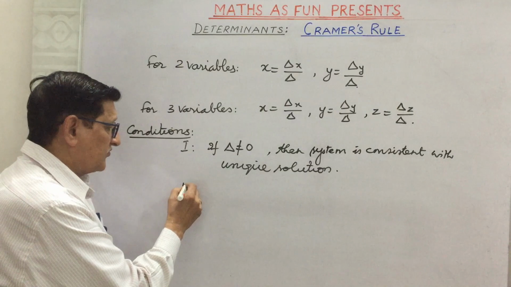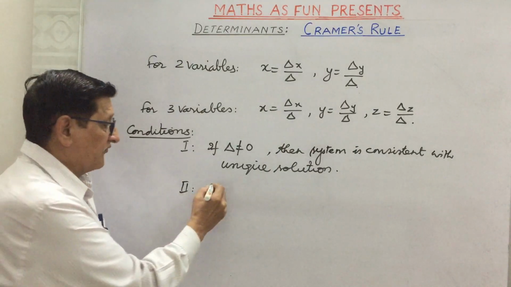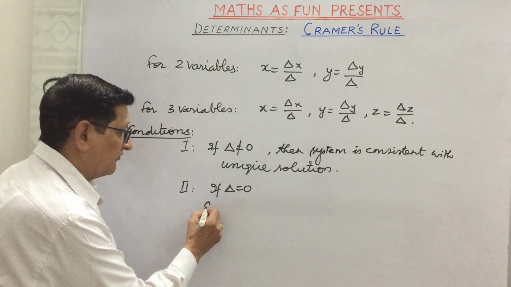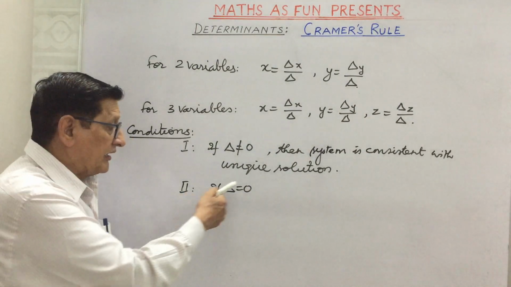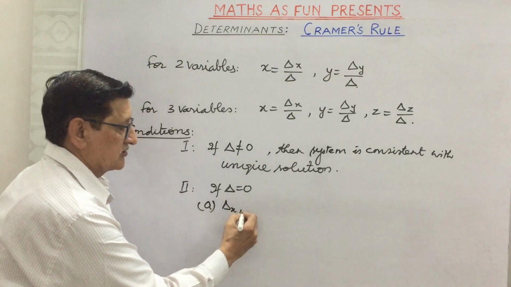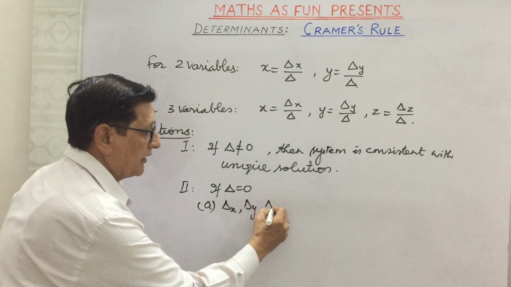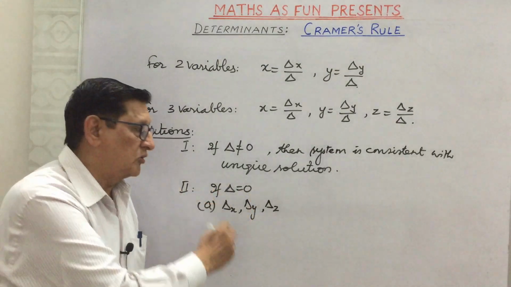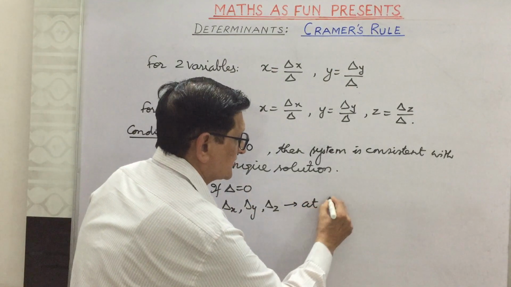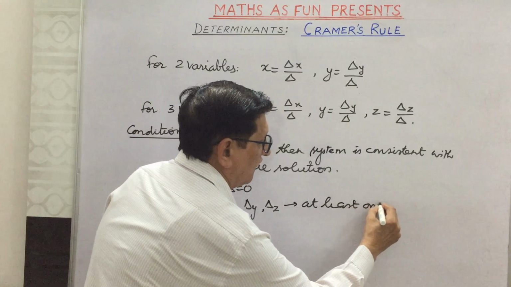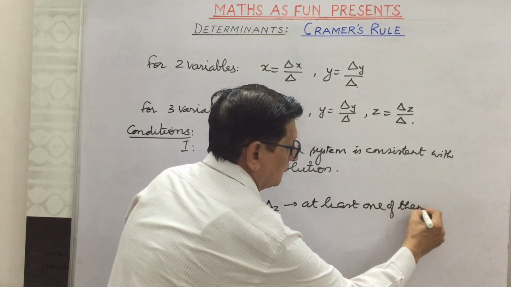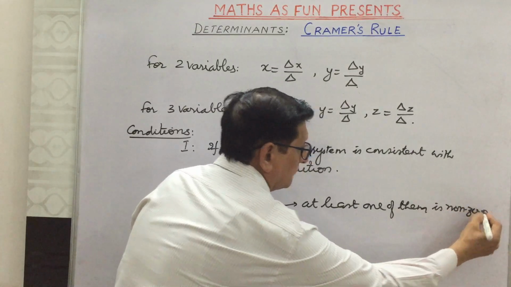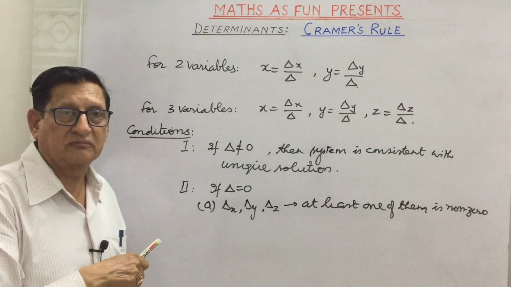In the second case, if delta is equal to 0, then we can have 2 different cases. If delta is 0 and at least one of delta x, delta y and delta z is non-zero, then what will happen?